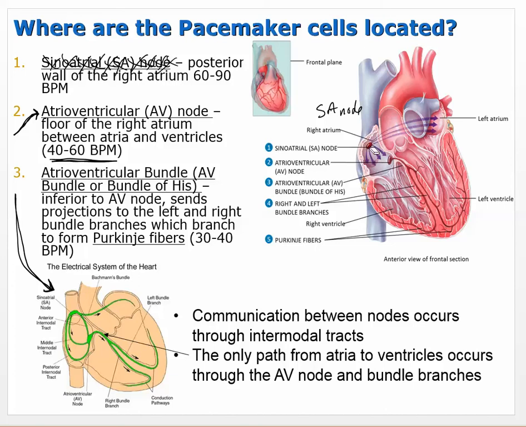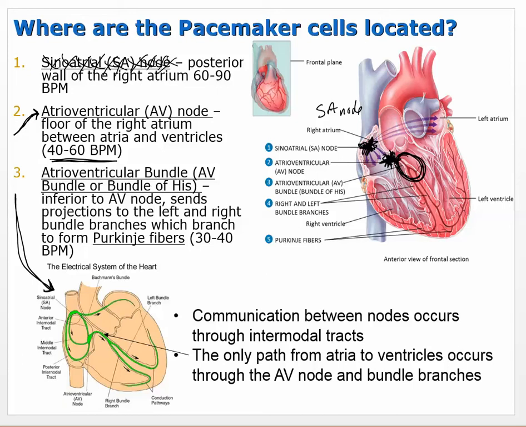Okay, so the next question is, what if our SA node fails and our AV node fails? Okay, does that mean the ventricles can't contract? Because remember, I said the signal moves from usually the SA node, then through the AV node, and then it moves through this little area right here. Okay, and that's called the bundle of His, or the AV bundle.